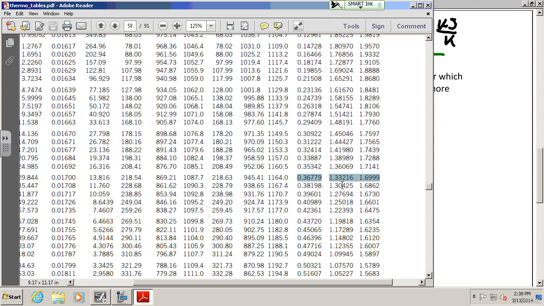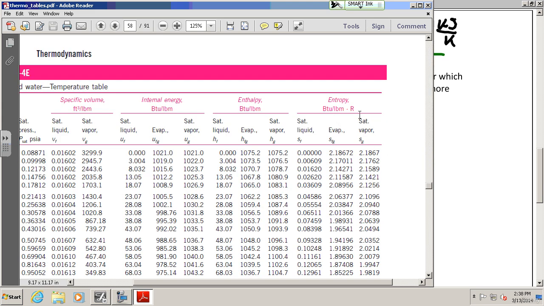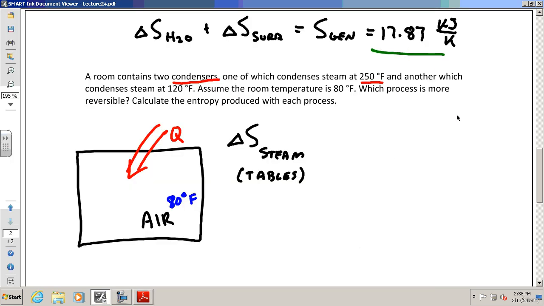Condensation is going from sat vapor to sat liquid. So the change in entropy that we have here is just this number, 1.33216. And the units this time are BTU per pound mass Rankine. So you can get this from the tables pretty easily.